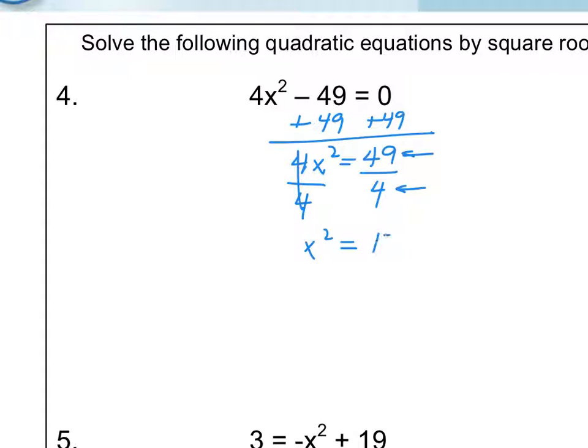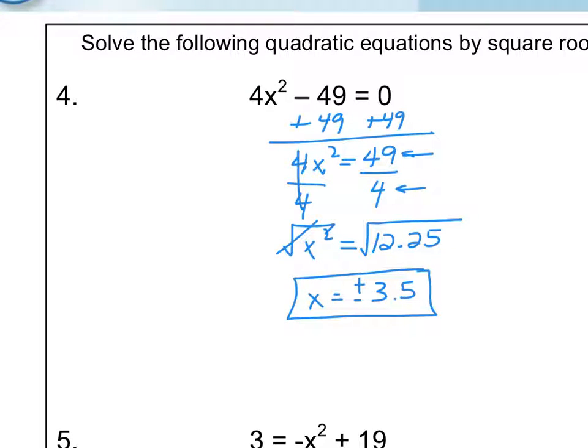So this is 12.25. And then I'm going to take the square root. The square and square root cancel. X is equal to positive, negative. If I take the square root of 12.25, I end up with 3.5 exactly. So my answer is x equals positive and negative 3.5.